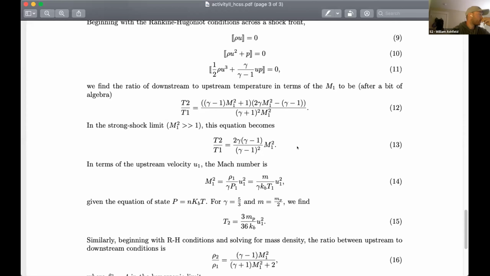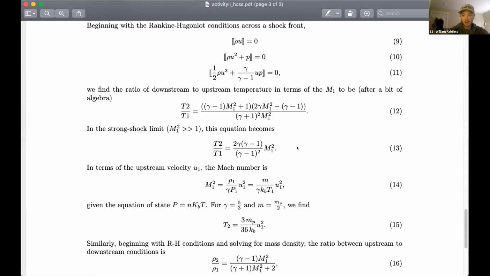So here, the problem explicitly asks to use all 7 of the Rankine-Hugoniot conditions. I just used 3 to start with to see if I got the right answer, because it's a little easier. If you're doing hydrodynamics, you only have these 3. I don't think it really meant you were using all 7, but that's okay.